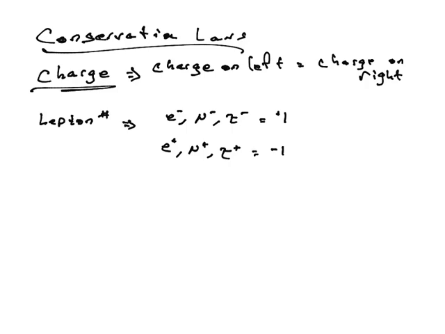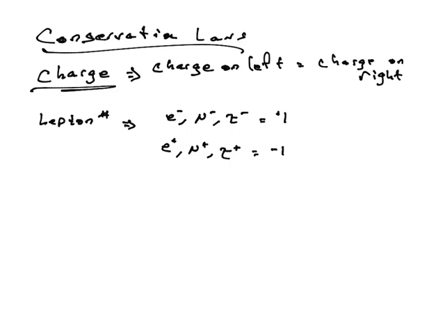This is always true. If a particular particle has a quantum number, like charge, or baryon number, or lepton number, or flavor, or whatever, then its antiparticle has the opposite version of it. So for lepton number, the normal leptons, +1, the anti-leptons, -1, and the neutrinos, very similar.